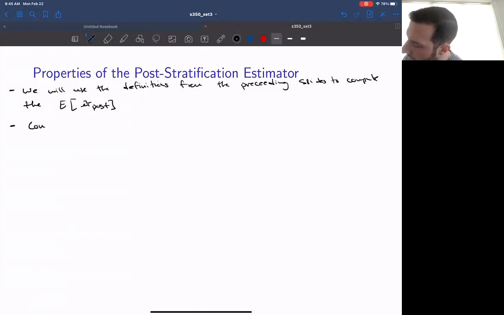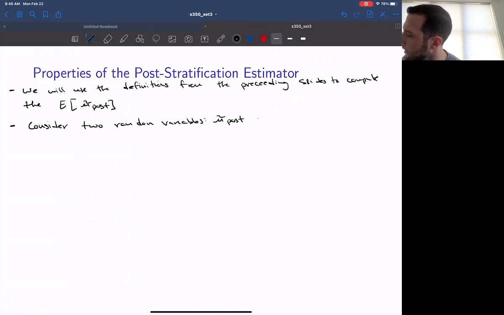So for post-stratification, we're going to have two random variables in this calculation. They will be mu tilde h and little n h.